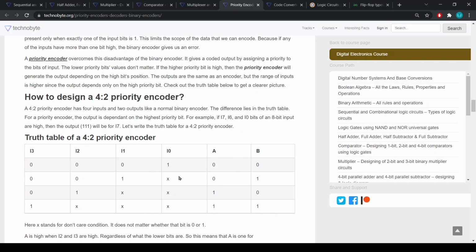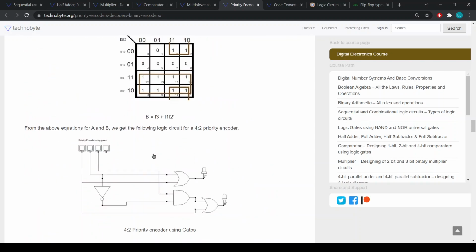If this is an encoder and you have 1 here, then you have 1 plus 2, 3. So what is 3 equal to 2 to the power of? That will not be a whole number, so that will be an error. So that's the purpose of the priority encoder.